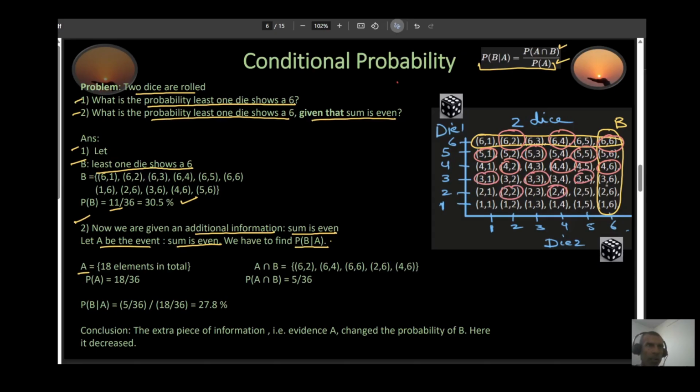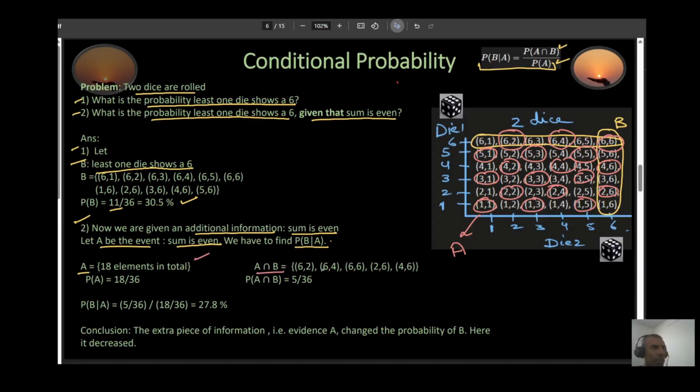I think you got an idea now. So these are all your possibilities where your sum is even. These are all my A. This is my additional information. So how many elements do we have in total over here? 18. You can count: 1, 2, 3, 4, 5, 6, total 18 elements.